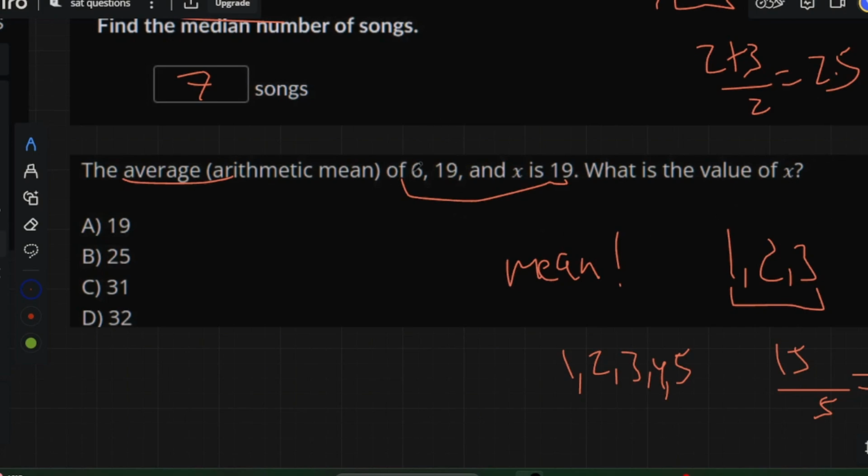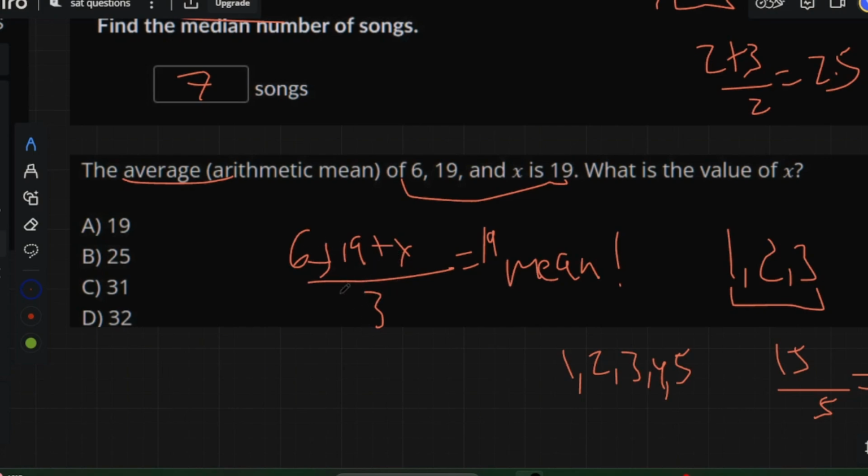But here, we're given something a little more weird, right? We're given 6 plus 19 plus x, and the mean is 19. But just take a look at it this way. 6 plus 19 plus x over 3 is equal to 19. Why? Because we are given 3 terms and the mean of that is 19, meaning we have to add all of our terms and divide that by 3.